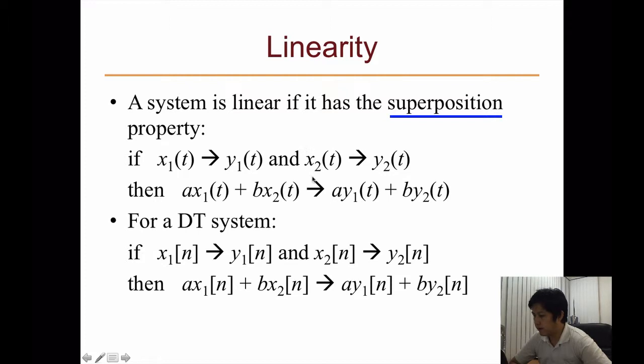And if you have a different input x2, giving it to the system, you get the output y2. If you then combine them together, multiply them by constants a and b, and give that to the system, you should expect to get the combination of the outputs with the same scaling. For the DT system, it works the same way, but with an index n instead.